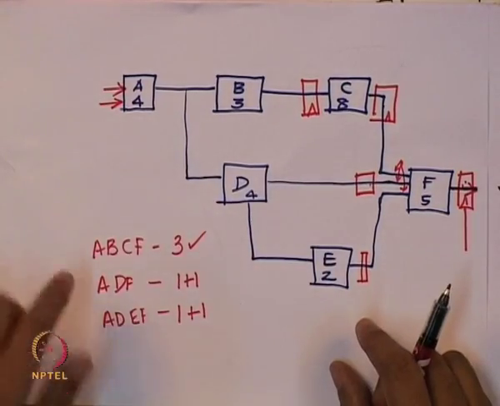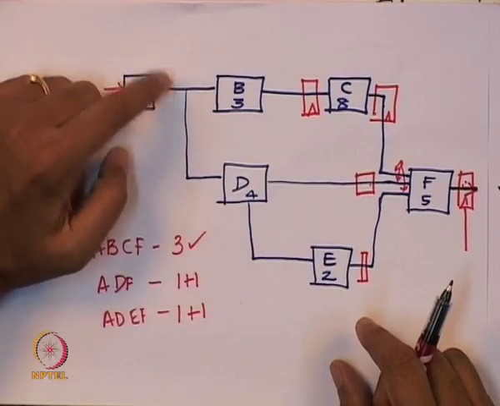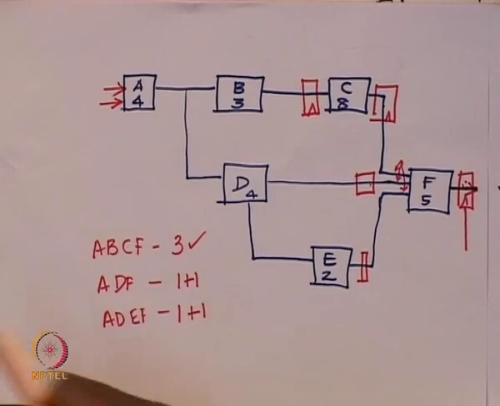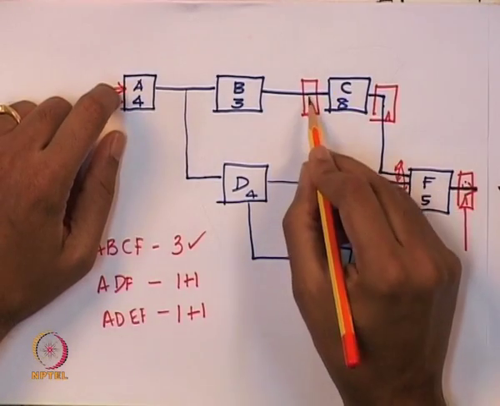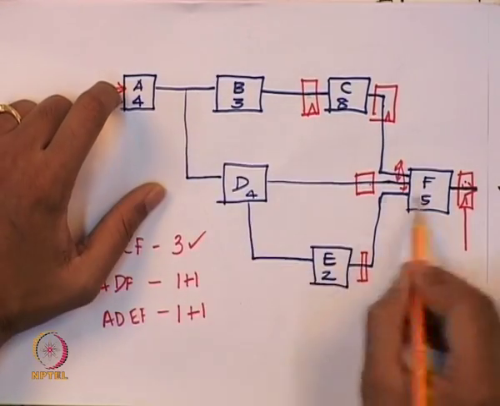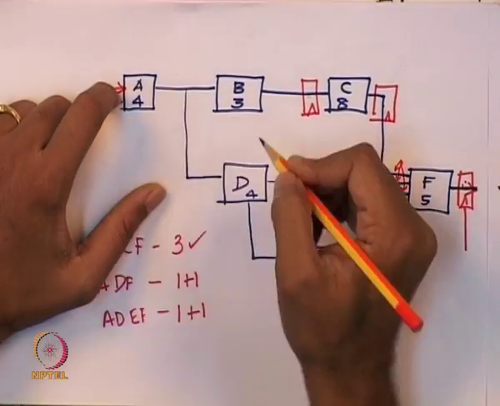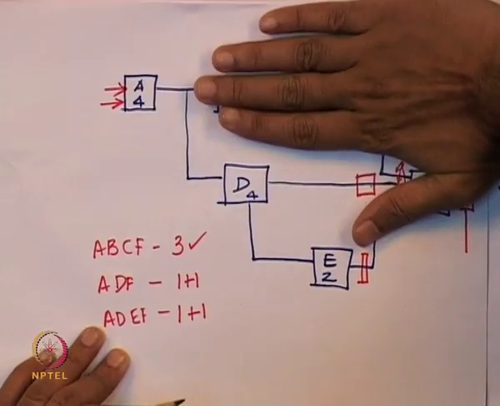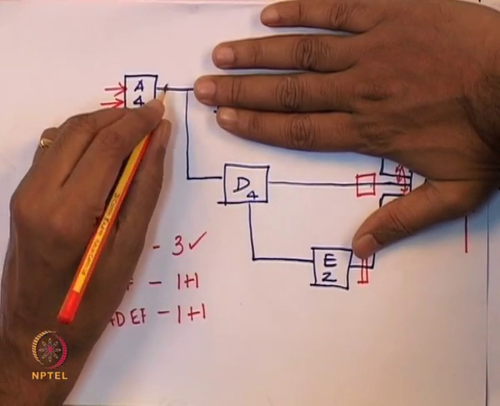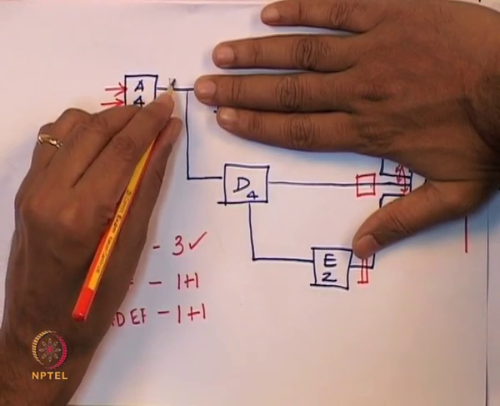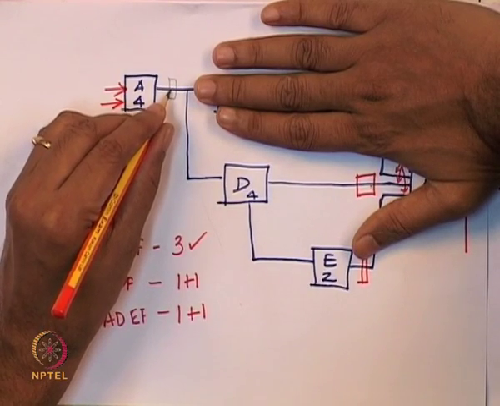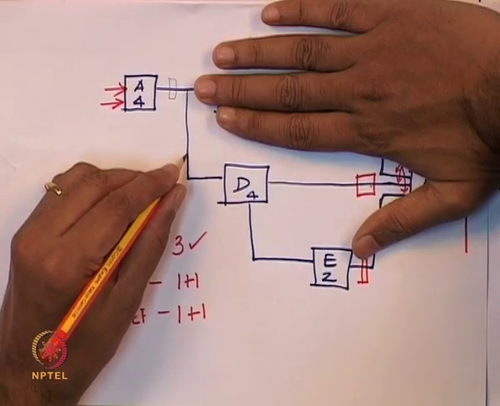So now again we have a choice. If I want to put the flip flops, there are multiple locations, right? I have already decided to put a flip flop here by the way, so that is not there. So I am only looking at ADF and ADEF. To do that, I can forget the circuit that is on the top here, and all I need to do is put flip flops either here, or I can do it on the branch here, right.